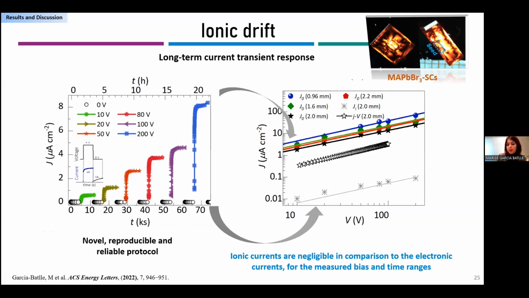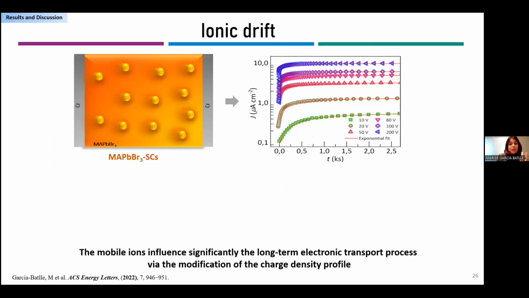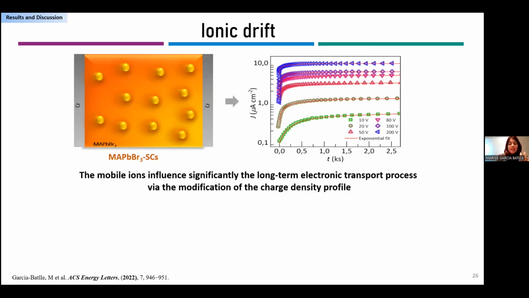Okay, they are negligible, but they influence the long-term current response, because of course this exponential increment of the current is purely electronic, but this time constant is too large. The values are too large, so this has to be connected to ions. So this is the main conclusion here.